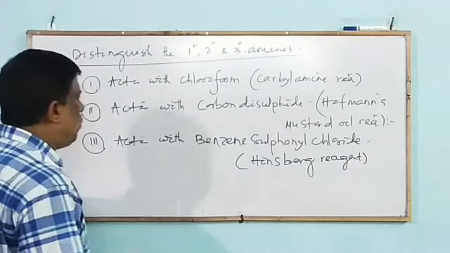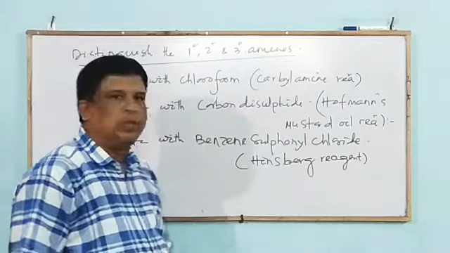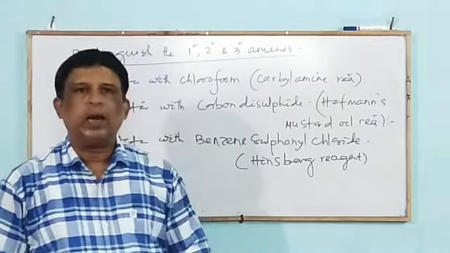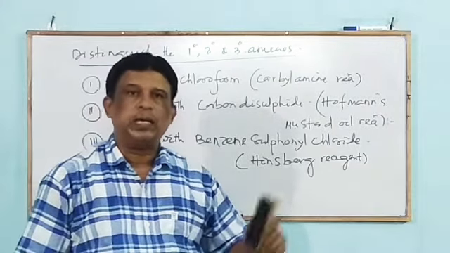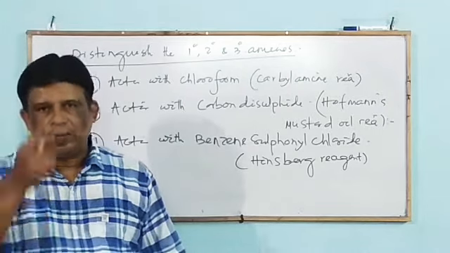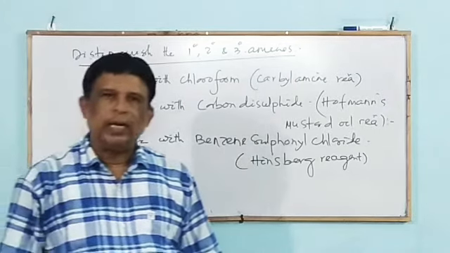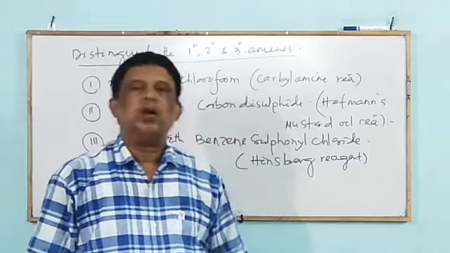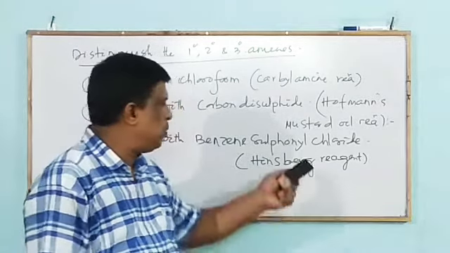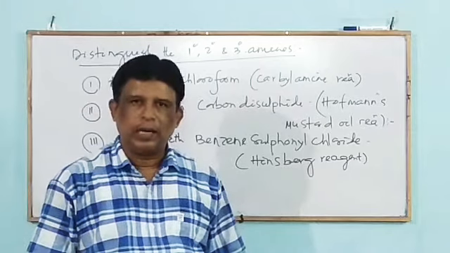It is also an important reaction used to identify 1 degree amine, because when 1 degree amine reacts with Hinsberg reagent and then with alkali, it forms a water soluble compound, while 2 degree amine forms a water insoluble compound. So it is an important reaction to identify 1 degree amine.